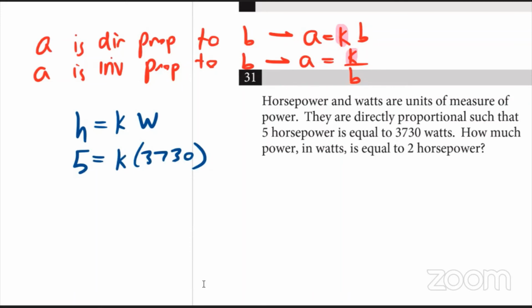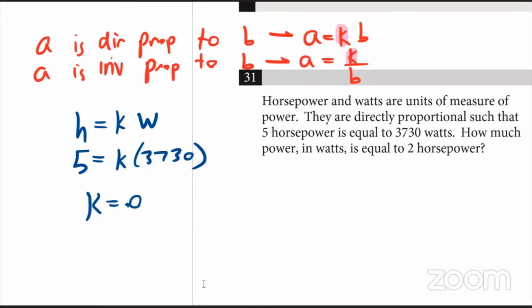K in inverse and direct proportionality stands for the constant. Once you find it, it's constant. It will not change. So right now, if we do 5 divided by 3,730, we get 0.001.